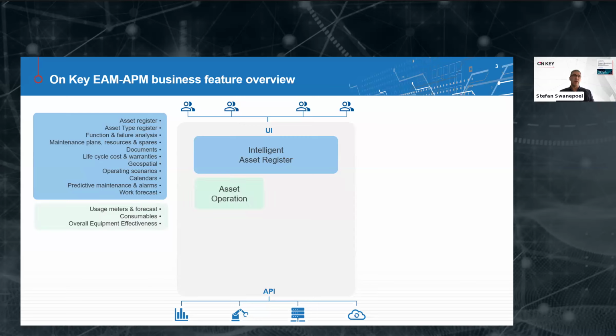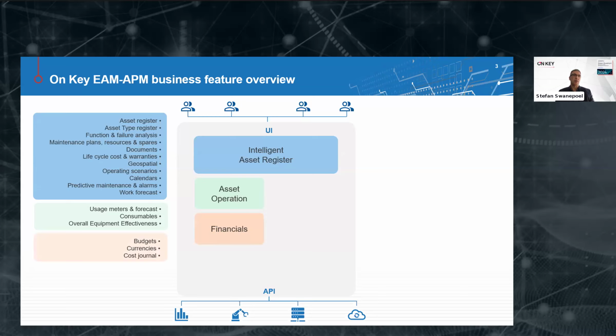Then the next part is the asset operation part, which looks at the usage of the asset, understanding meters, to track the use of the assets, that to trigger maintenance tasks. It looks after consumables like fuel and oil. And then also you'll see a little bit of the overall equipment effectiveness, things that are coming up in that space. So everything to do with the operation of the asset.